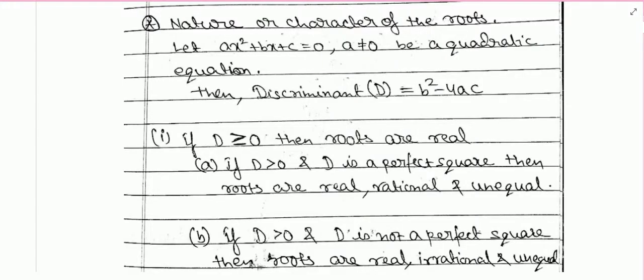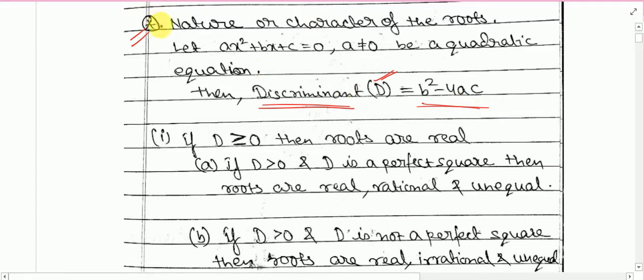Okay children, now let us recall this, what actually we had done in class 10 only. This is about the discriminant of the quadratic equation. So you know that discriminant is denoted by D, and it is equal to b square minus 4ac.